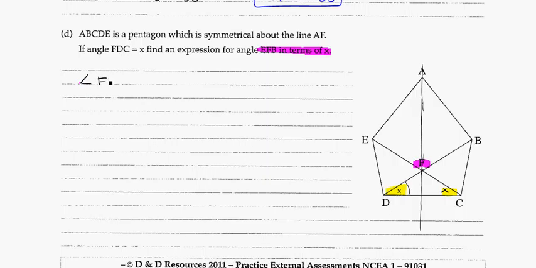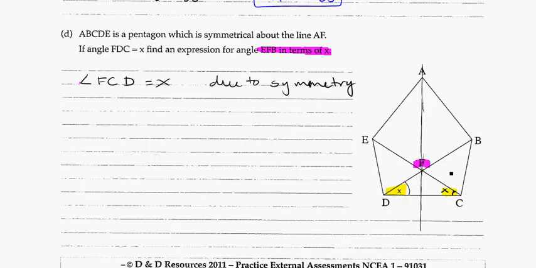Angle FCD, this one here, is equal to x, and the reason here is due to symmetry. They're mirror images of each other. If you fold the shape in half along the AF line, those two angles will be lining up identically with each other, so they will be equal.